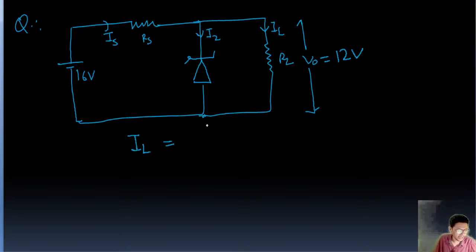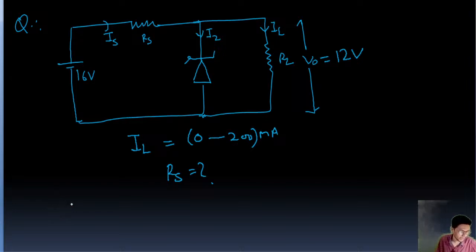The range of IL is given, 0 to 200 milliampere. And we have to find RS. So this is the question, guys. IL range is given 0 to 200 milliampere, and RS we have to find.